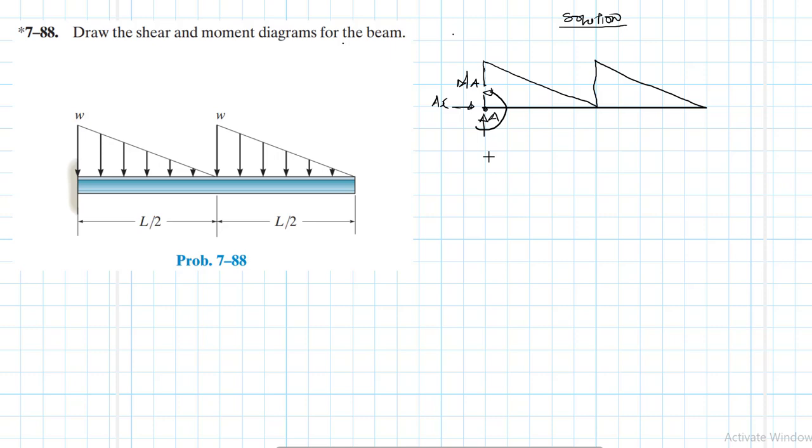Okay, and then of course this is AY, and then the dimensions given are 0.5L, 0.5L. This is the loading, with peak intensity W. So we expect our equivalent forces to be somewhere there.